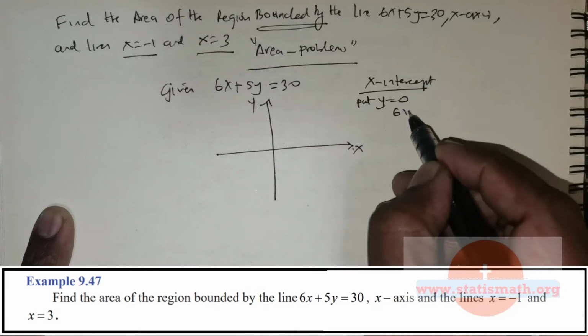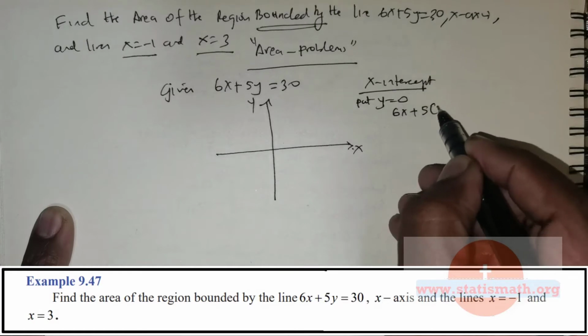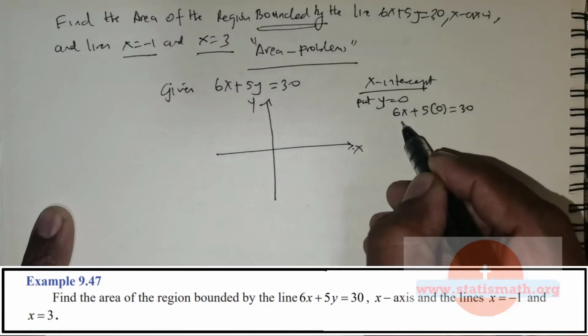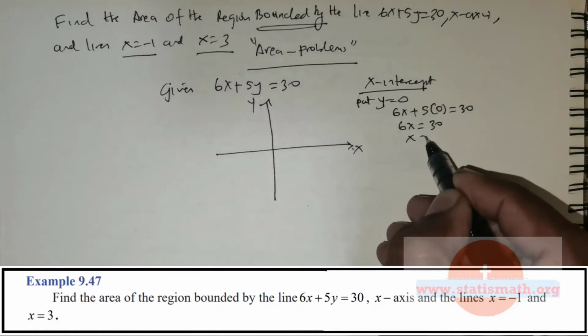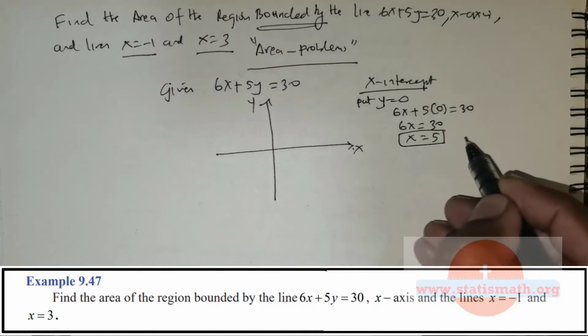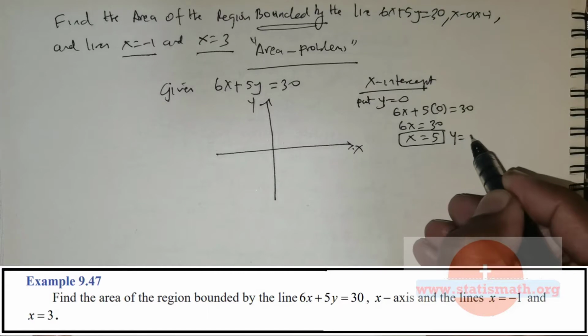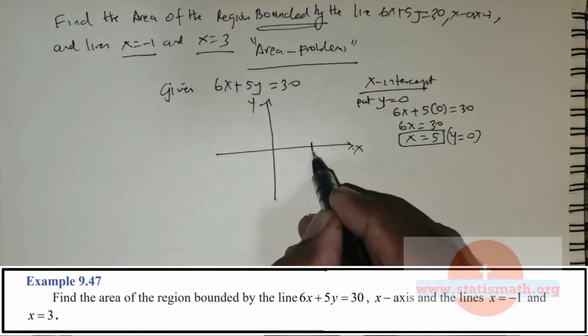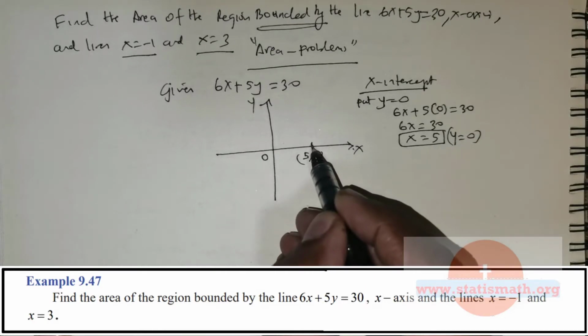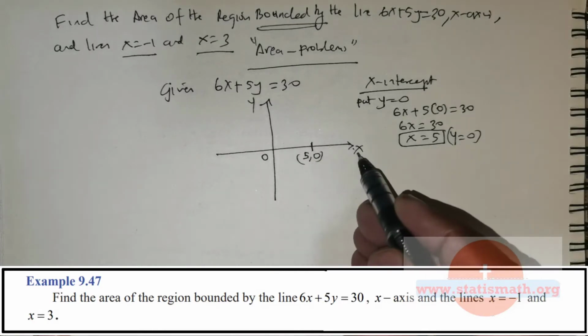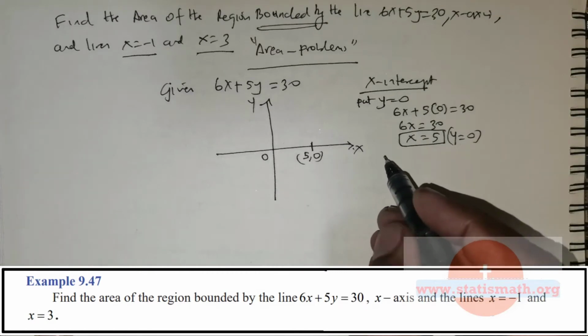When you put y = 0, you get 6x + 5(0) = 30, so 6x = 30, x = 5. So x is 5 and y is 0. If this point is (5, 0), then the line is cutting the x-axis at this point.